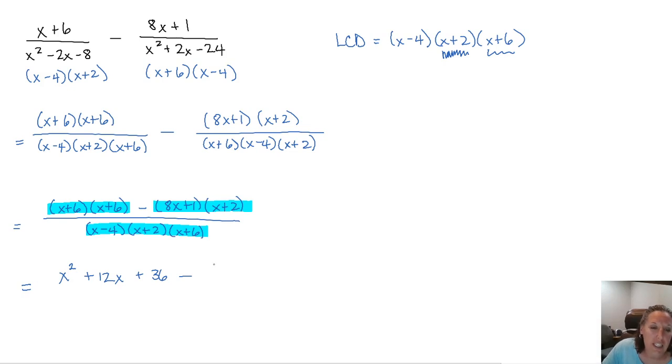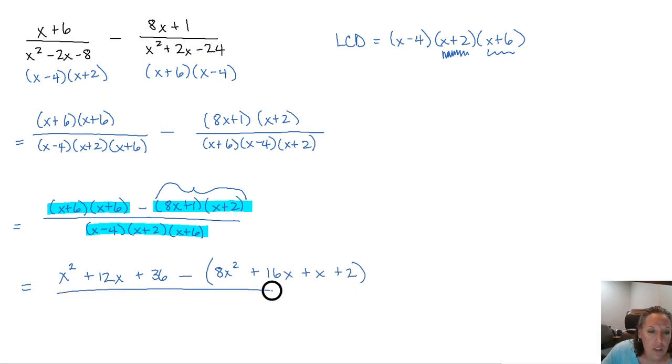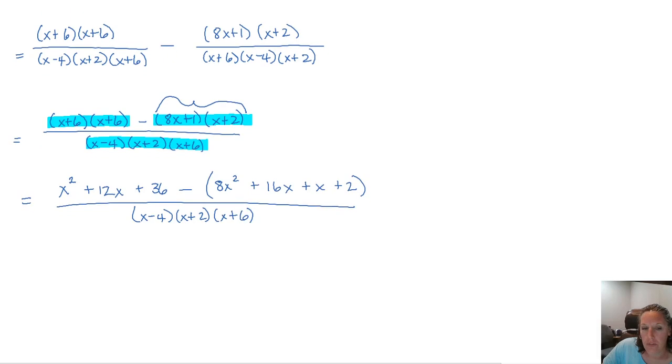We're going to get 8x times x is going to be 8x squared. We do want to make sure and subtract this whole thing, so we're going to put parentheses around it so we can distribute that negative. And then 8x times 2 is 16x. 1 times x and 1 times 2. All over that common denominator.